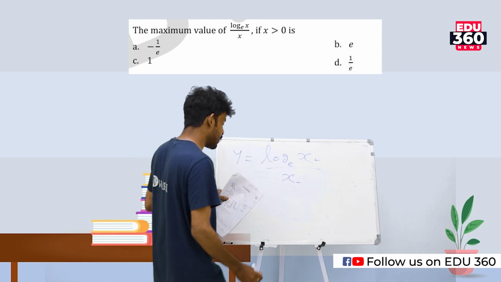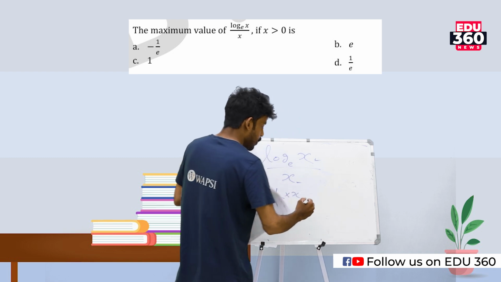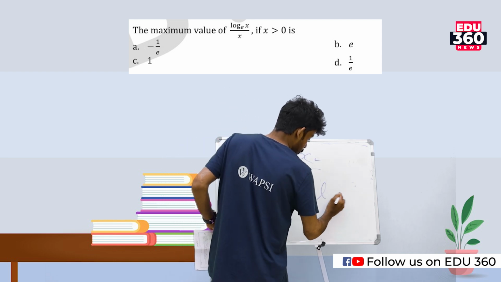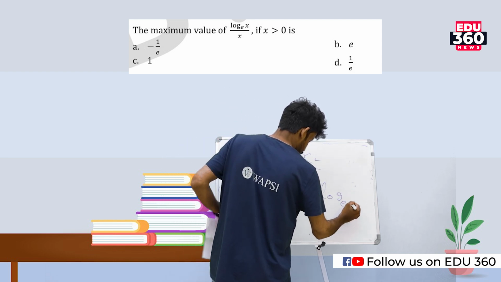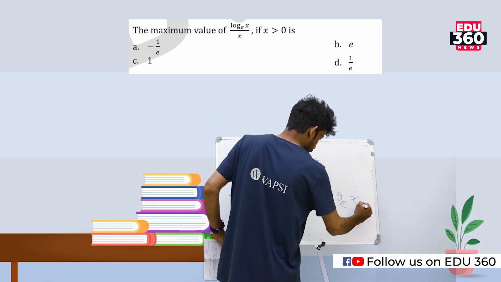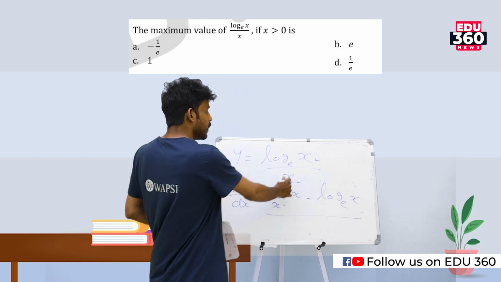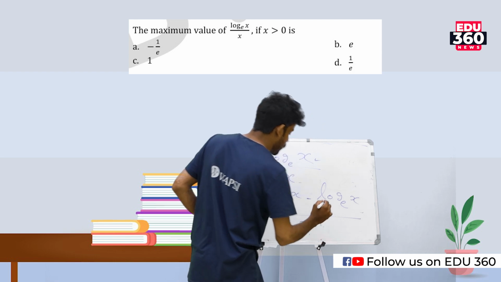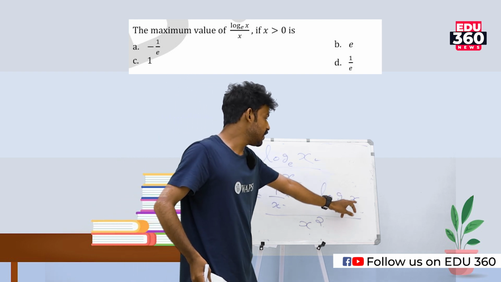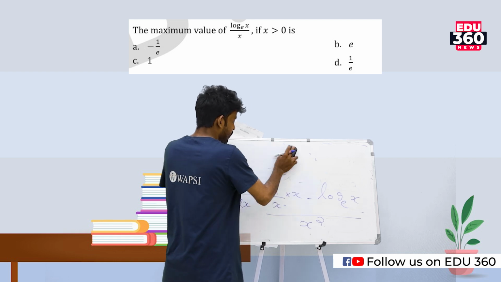So on applying the quotient rule, we will get 1 by x into x minus log e x, divided by the denominator square. Here the denominator is x, so we can write it as x square.